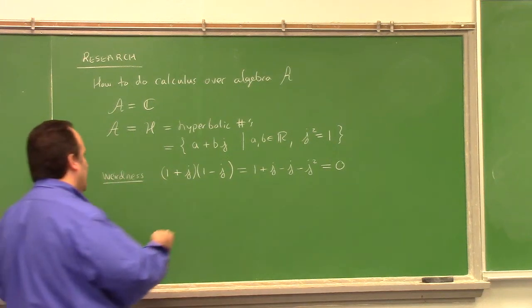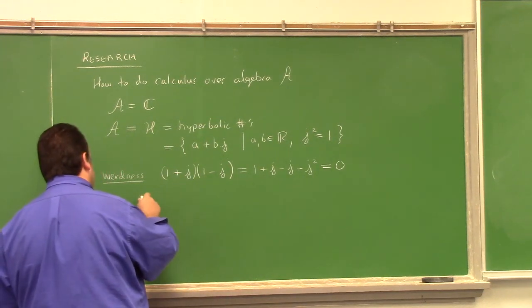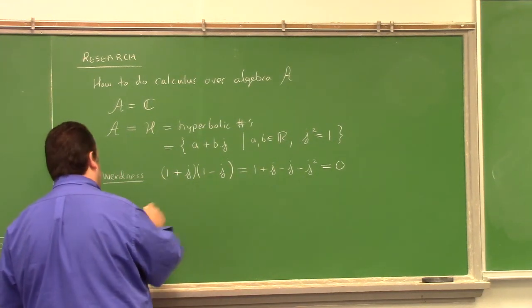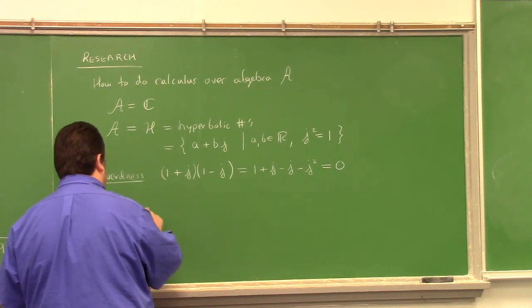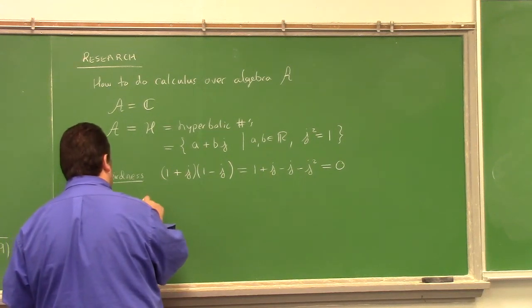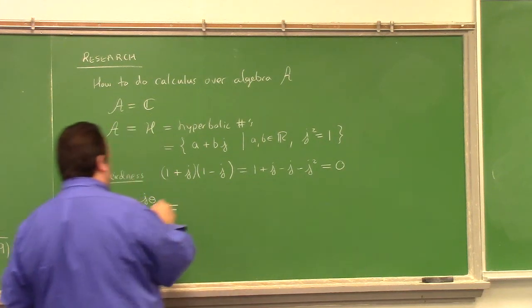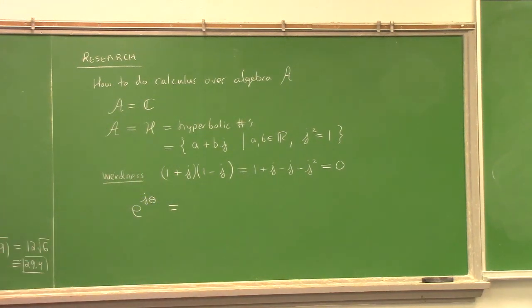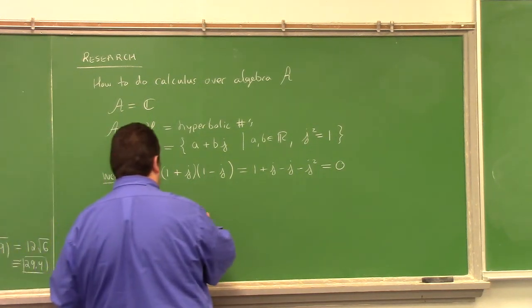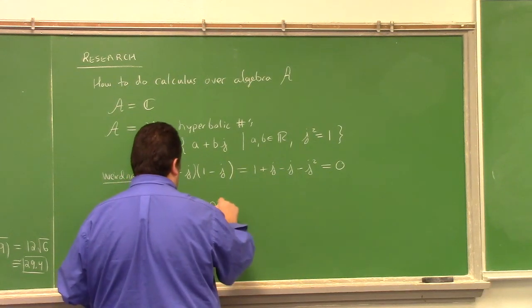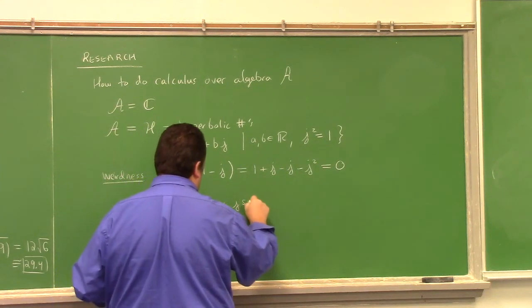Also, when you study the, well, anyway, we don't have too much time, but one of the things we noticed that's really neat is if you look at e to the j theta, that has a meaning in this hyperbolic number system. And e to the j theta, it turns out, is cosh theta plus j sinh theta.